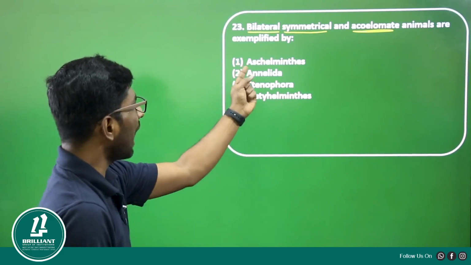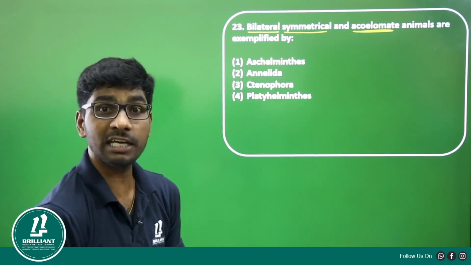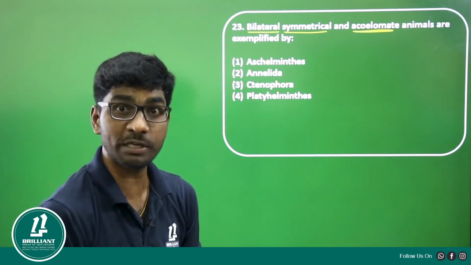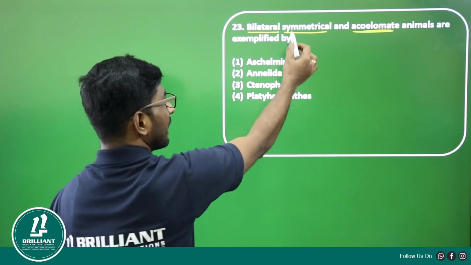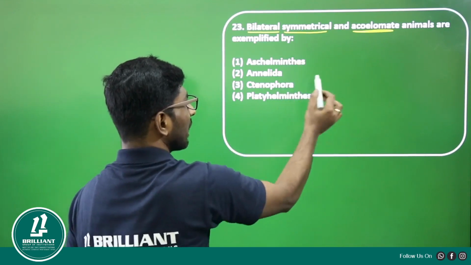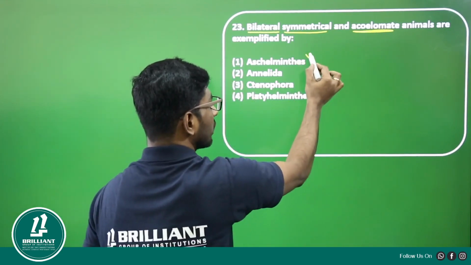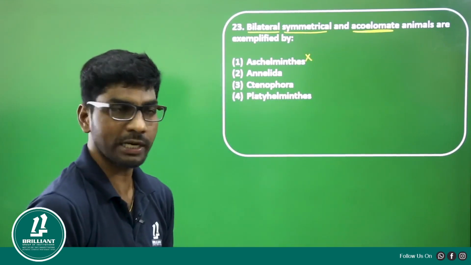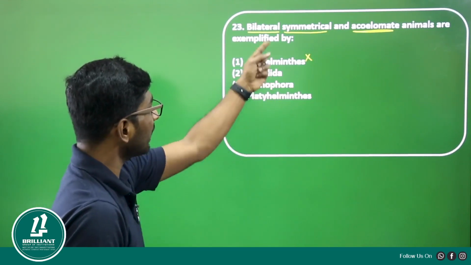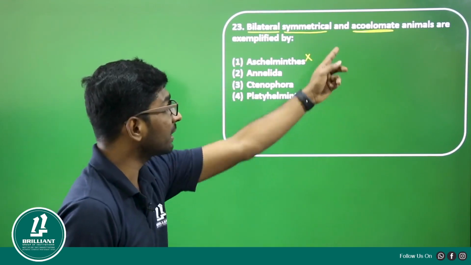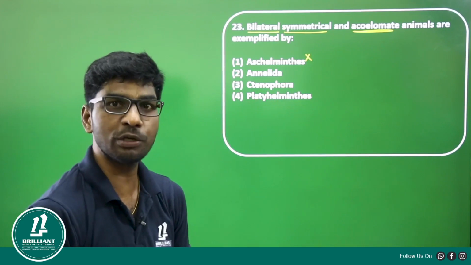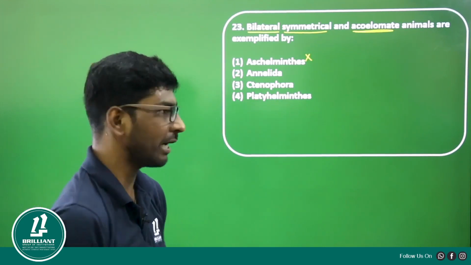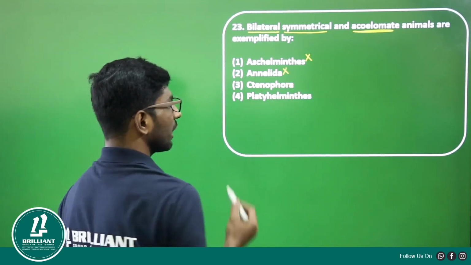Number 1, Aschelminthes. In Aschelminthes, a pseudocoelom is present. They are bilateral, I agree, but they are not acoelomate, so this is not the correct answer. Annelida are bilaterally symmetrical, fine, but they are not acoelomate; they are schizocoelomate, with a true coelom. So this answer is also not correct.